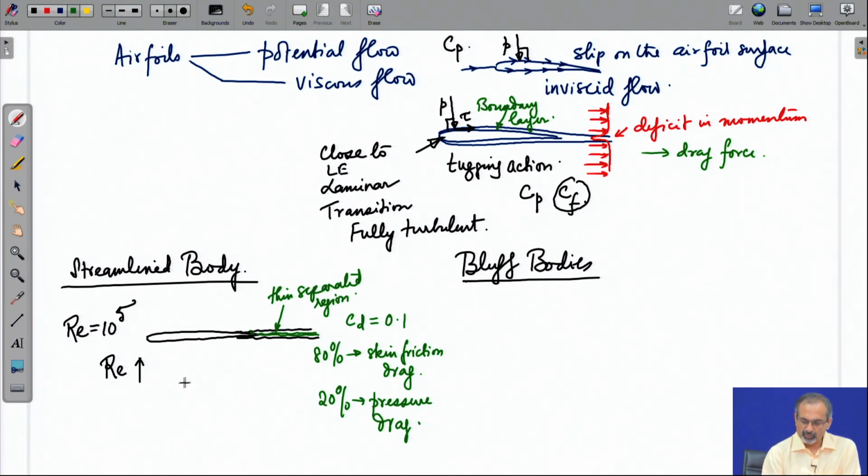As the flow becomes more and more turbulent, which happens as Reynolds number increases, then most of the CD would become skin friction drag, and pressure drag could reduce further.